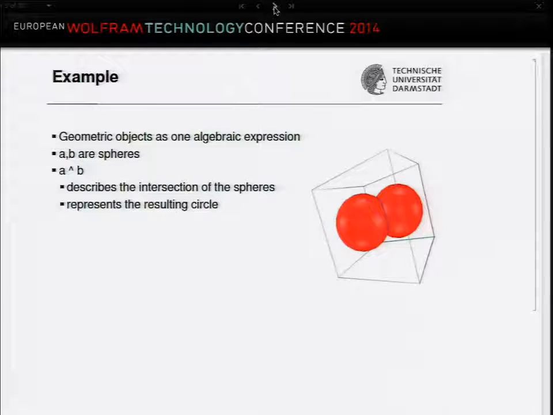For instance, if A and B are two spheres, then with the help of the outer product of the algebra, it is possible to intersect these geometric objects, these spheres, and the result of this outer product represents the intersecting circle. And this is not only true for the intersection of two spheres, but for instance, if you intersect a line and a sphere, the 2 points of the intersection are also a specific geometric object in this algebra.